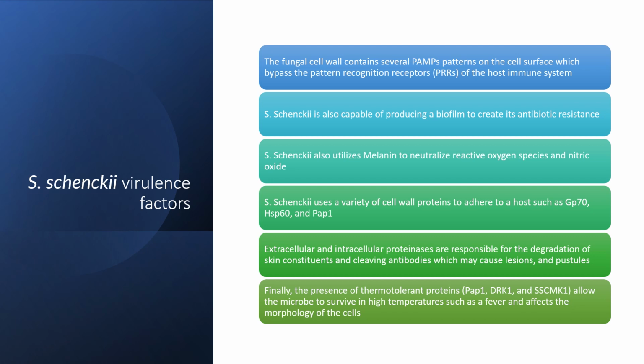Finally, the presence of thermotolerant proteins such as PAP1, BRK1, and SSCMK1 allows the microbe to survive in higher temperatures, such as fever, and affects the morphology of cells. This basically prevents the microbe from dying inside of the human host, as it is capable of adapting with our temperature, just in case it is not able to bypass the pattern recognition receptors until it can form a biofilm and spread.